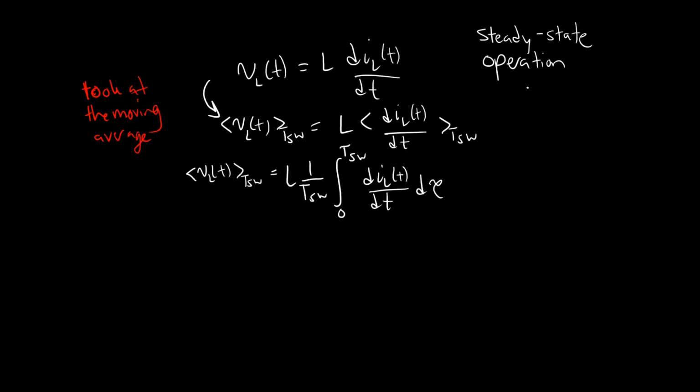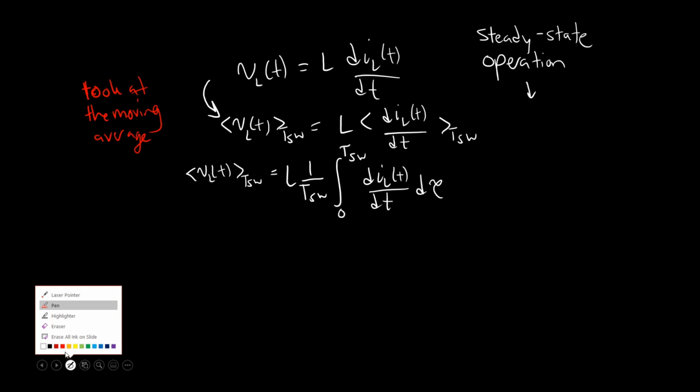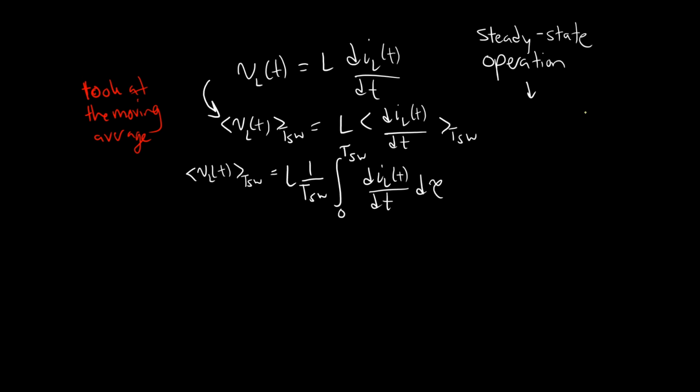Okay, so what does steady state operation mean? Why have I reminded you about steady state operation? Well, if you remember what we said before, the cycle-to-cycle average of the inductor current should be the same.